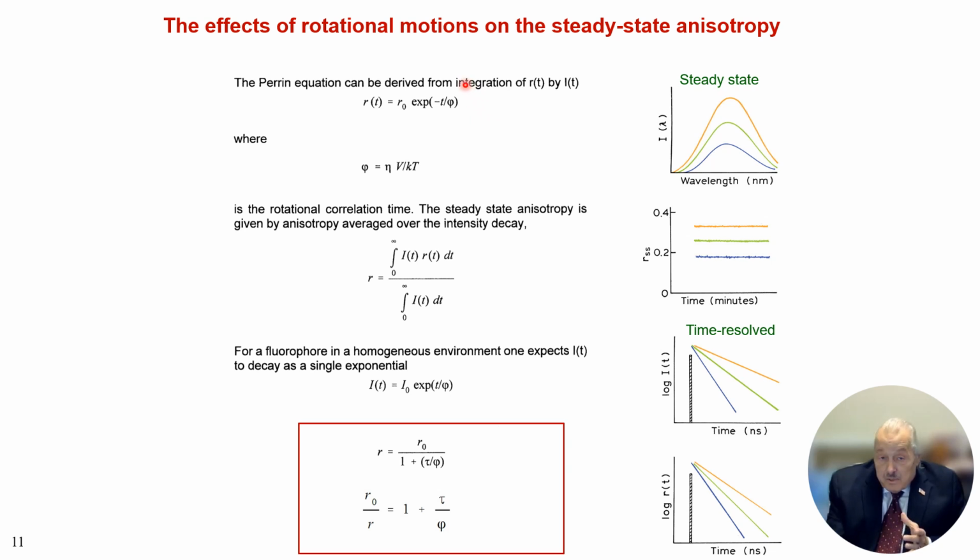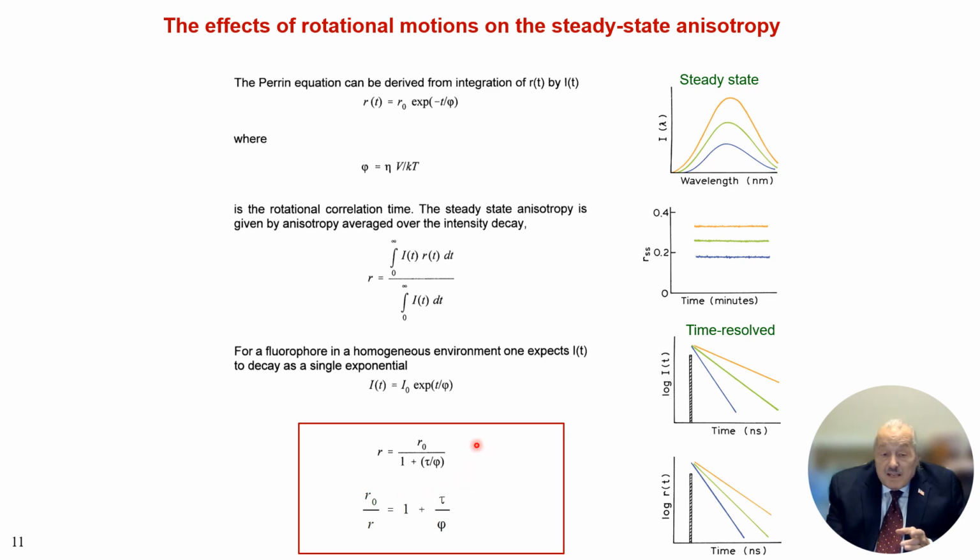We assume for the moment a single correlation time, and a single lifetime in the intensity decay, and we have to do this normal integral, and what it winds up with is something called the Perrin equation. It exists in a couple of different forms.